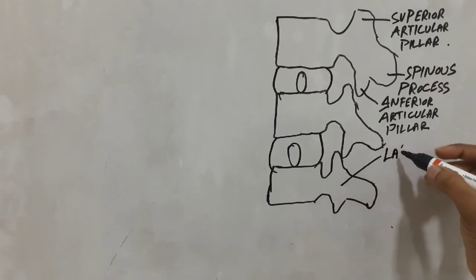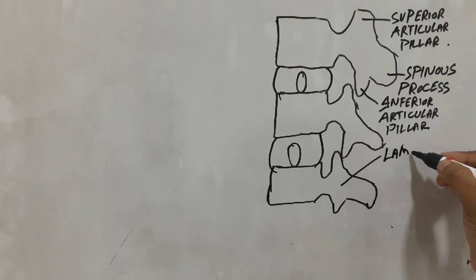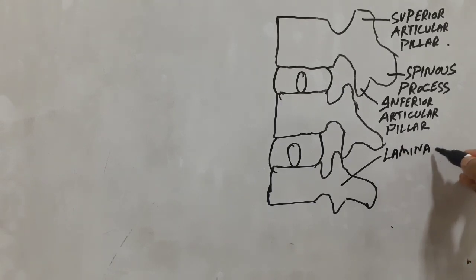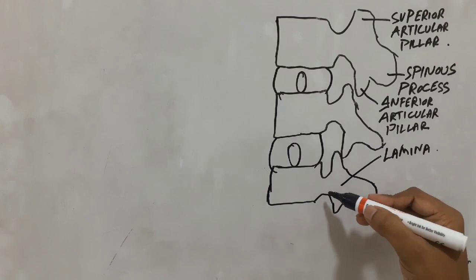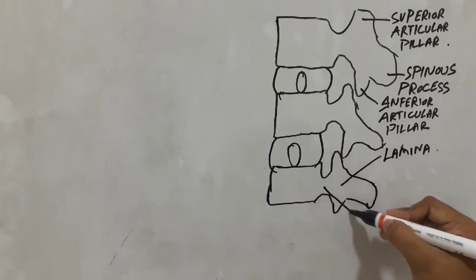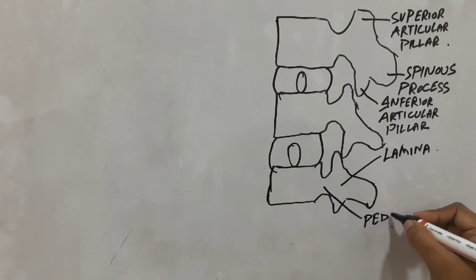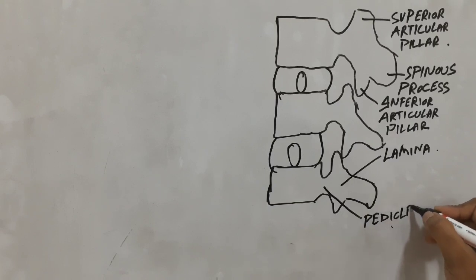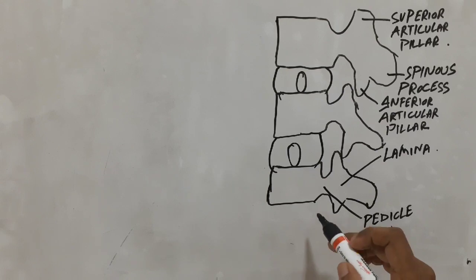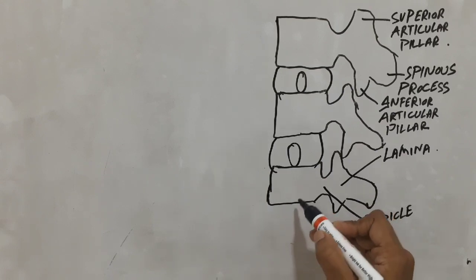The side view will be better for lamina, so we will be drawing one more picture. Always as many pictures as possible. Pedicle. Vertebral body.